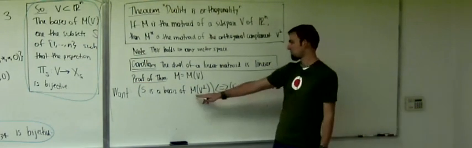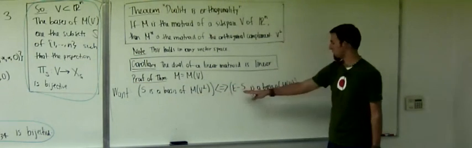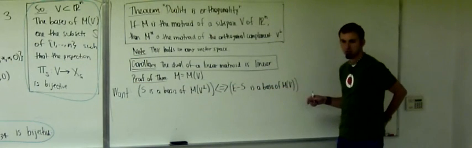That way the bases of M of V perp are exactly going to be the bases of the dual M of V star.